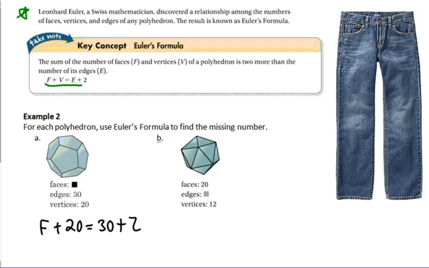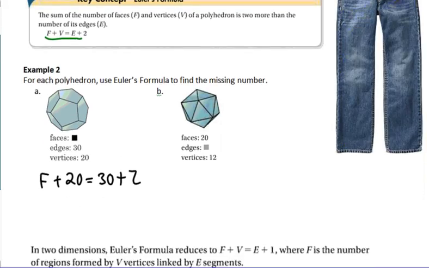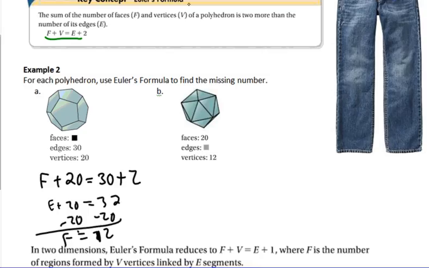So you can just solve for F. You can probably figure out pretty quickly that the number of faces is going to be 12. But if you wanted to, we'd have F plus 20 equals 32. Subtract 20 from both sides. You get the number of faces is equal to 12. So there are 12 faces on this polyhedron.